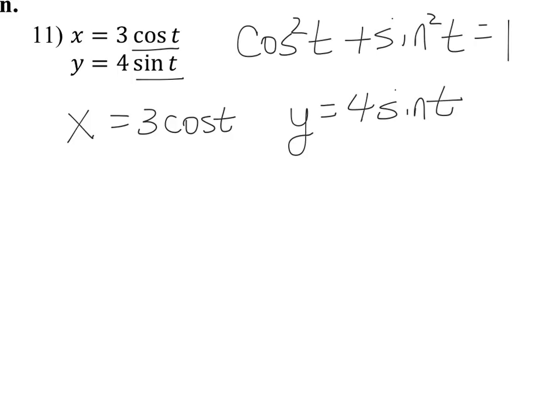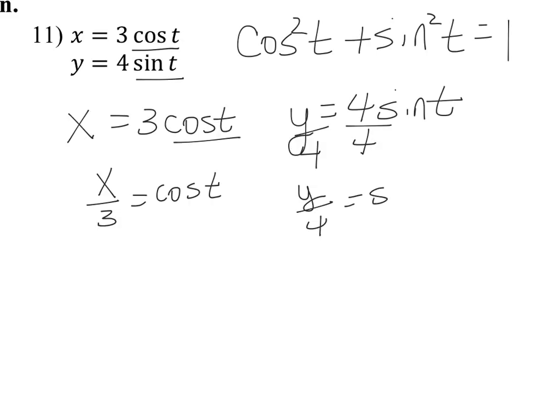I'm going to solve for cosine t by dividing both sides by 3. So I get x over 3 equals cosine t. And I'm going to do the same thing with y. I'm going to divide by 4. So I get that y over 4 equals sine t. Now all I need to do is put them together in my Pythagorean identity.